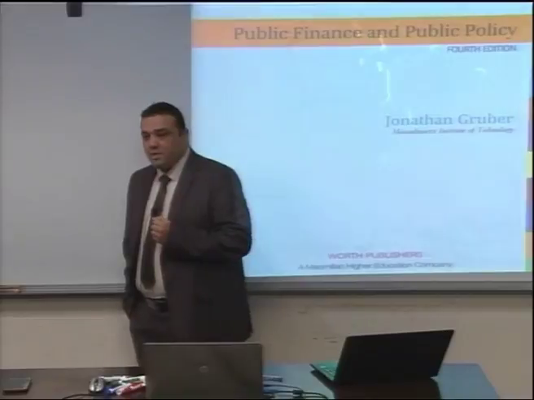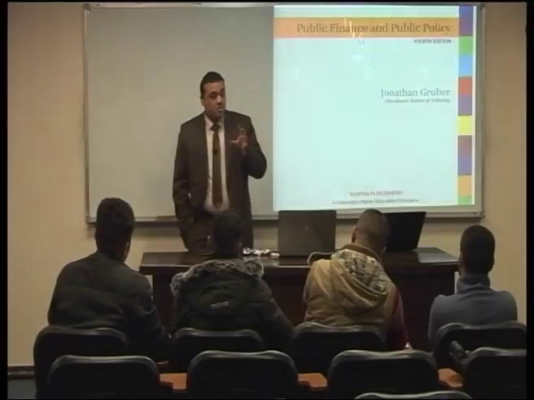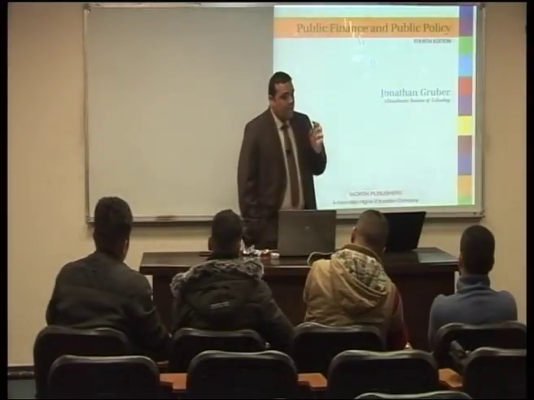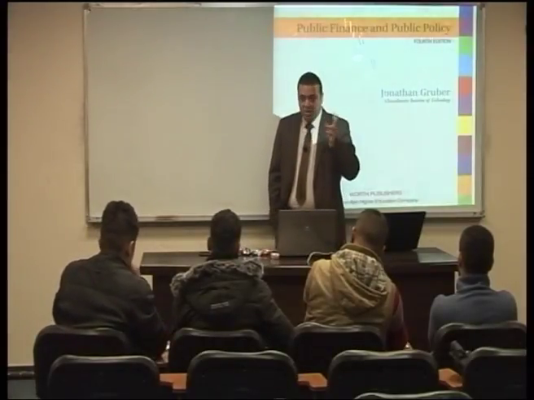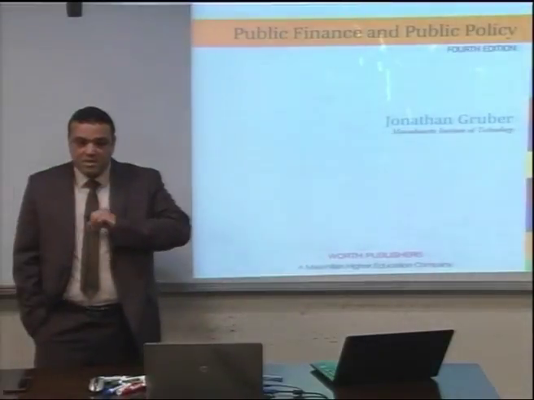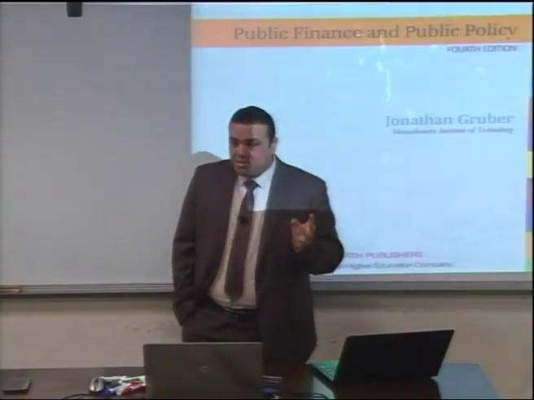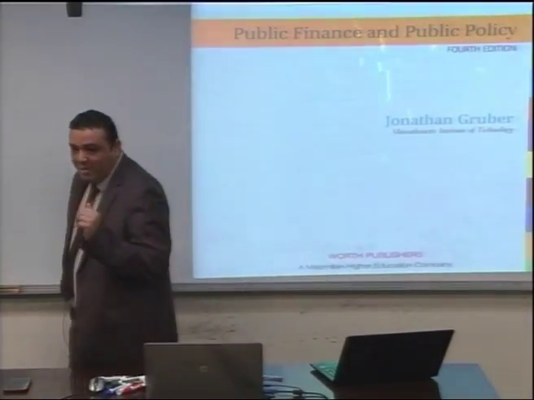In chapter 3, we have an important topic, which is externalities. In this chapter, we will study the negative externalities of production and consumption, the positive externalities of production and consumption, and we will determine the social optimality.